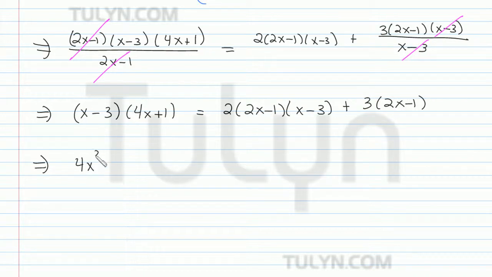We got 4x squared plus x minus 12x minus 3. And then I'm going to FOIL these two terms first, and then I'm going to distribute that 2 in later.